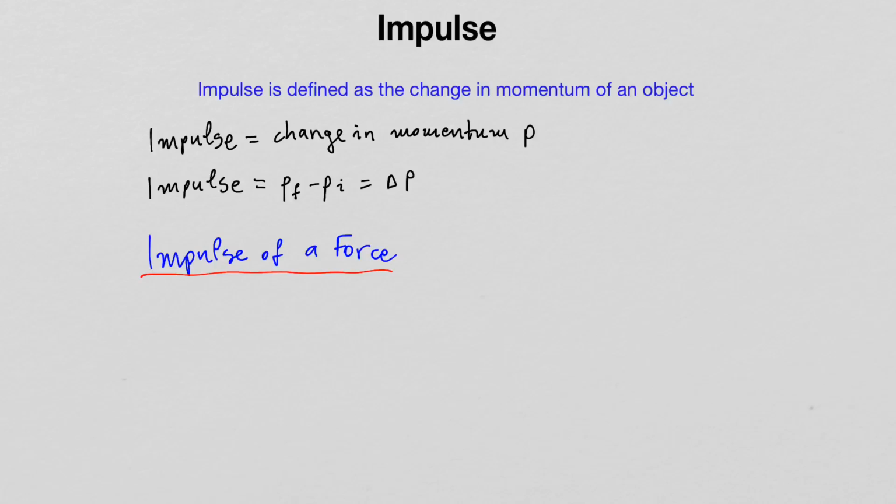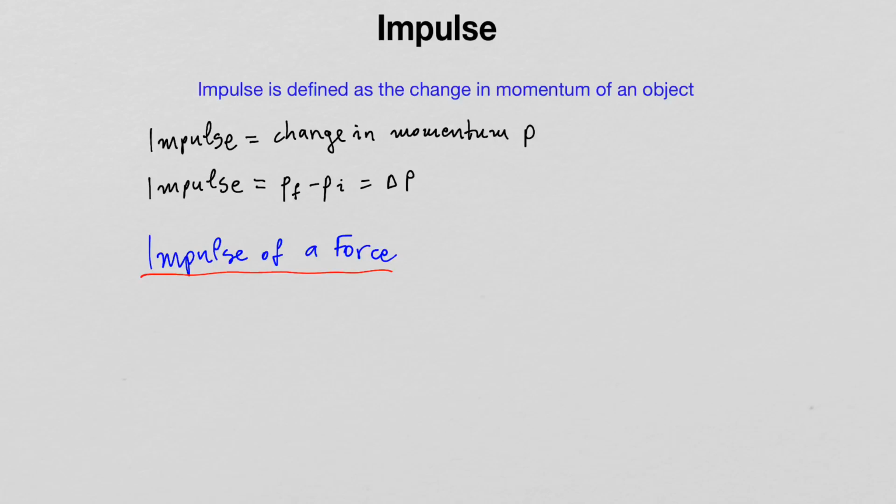But how can the velocity of the object change so that its momentum changes? Well, the only way the velocity of the object will change is if a force is applied to this object. So when a force is applied to the moving object, its velocity will change. And the change will happen until the force is no longer acting on the object.